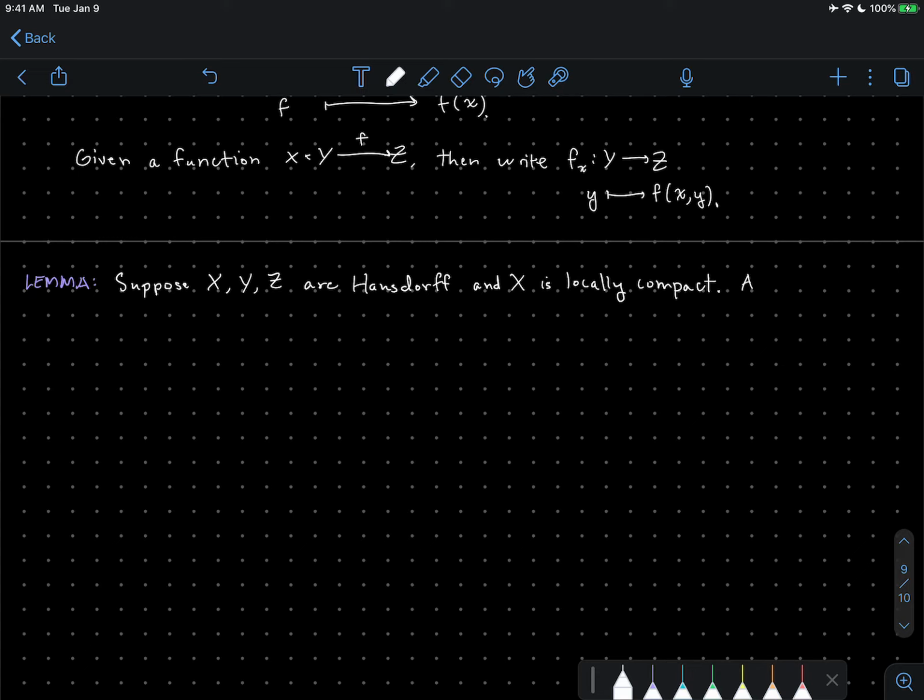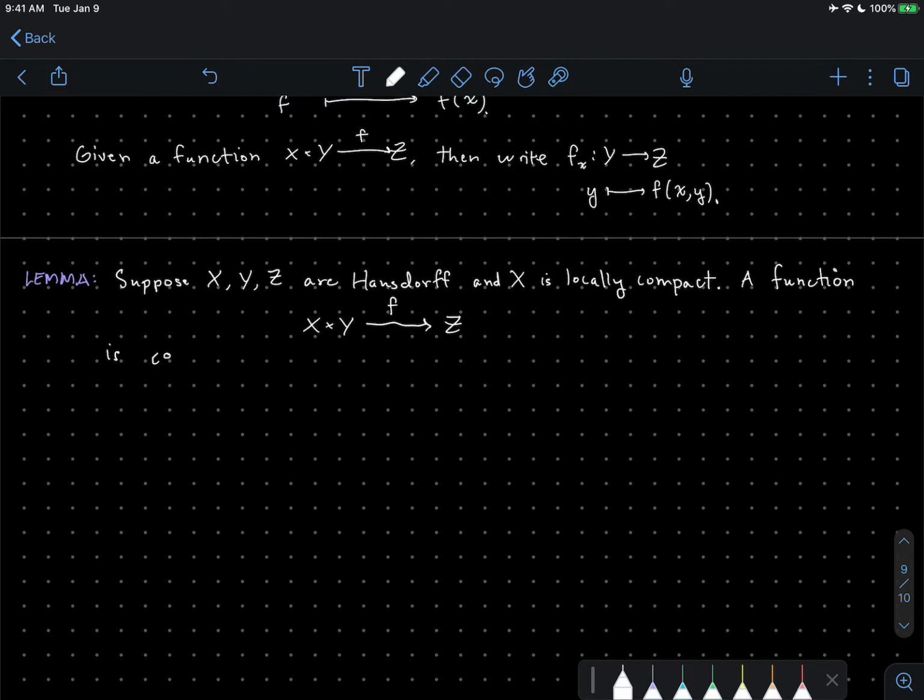Then a function from X cross Y to Z, let's call this function f, is continuous.